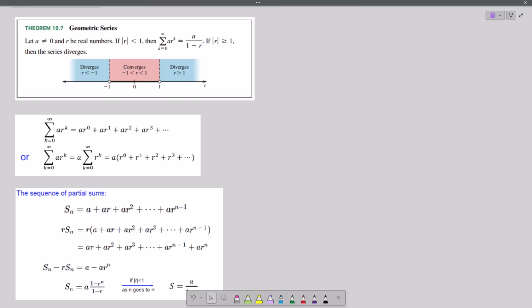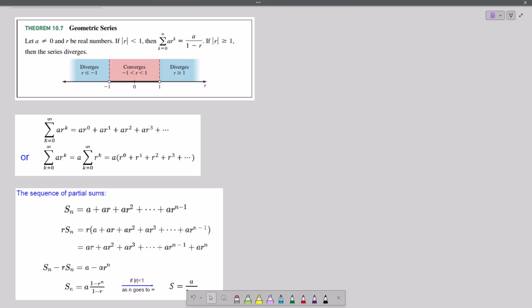What's fascinating about the geometric series is this. We are going to get convergence if the magnitude of r is under 1. In other words, r is some number between -1 and 1, the geometric series will converge. Otherwise, if the magnitude is bigger than 1 in either direction, it diverges.